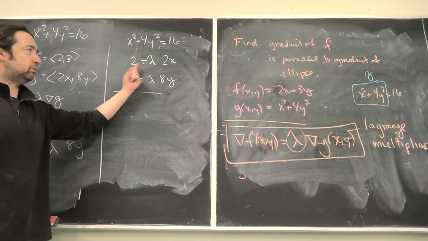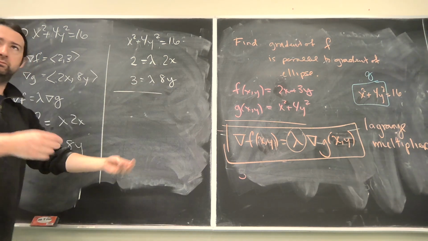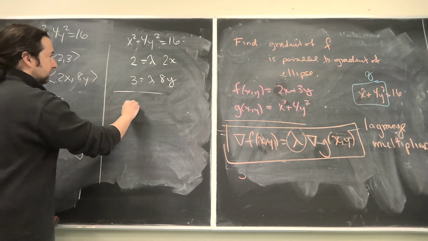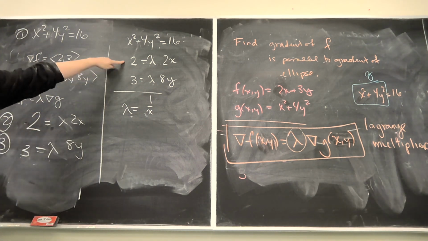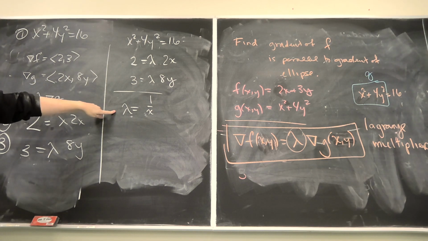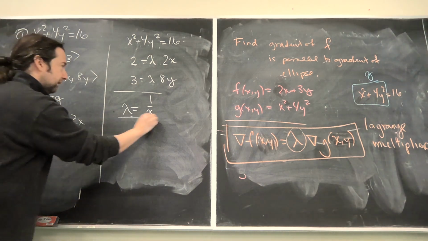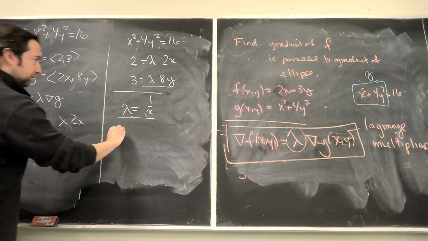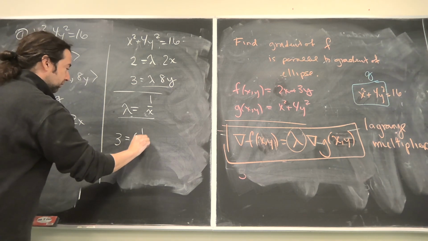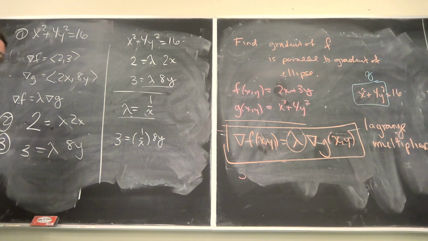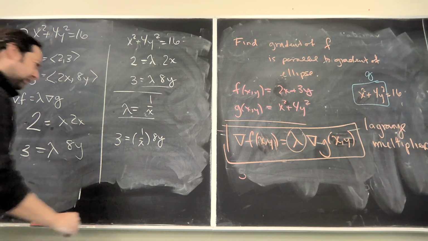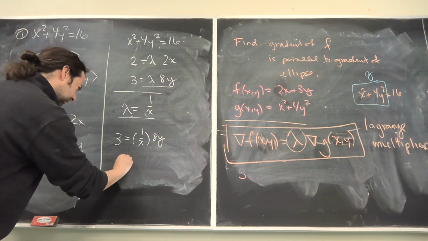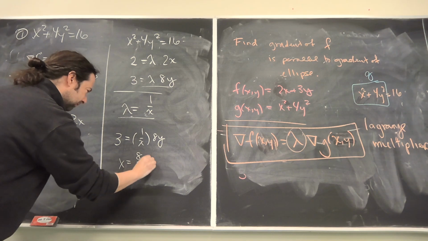No, because then I have 2 is equal to something times 0. So I'm going to be able to manipulate things. Wouldn't that say lambda is equal to 1 over x? Then I could take that value and plug it into the second equation, which would say 3 is equal to 1 over x times 8y. And I think that means x is equal to 8/3 of y.